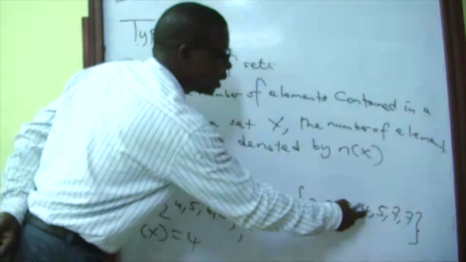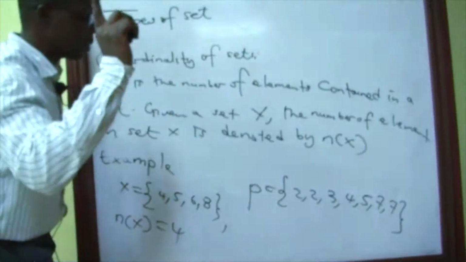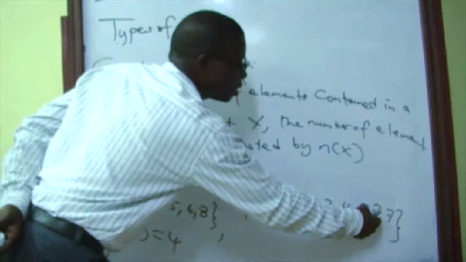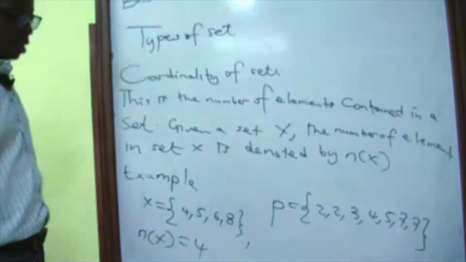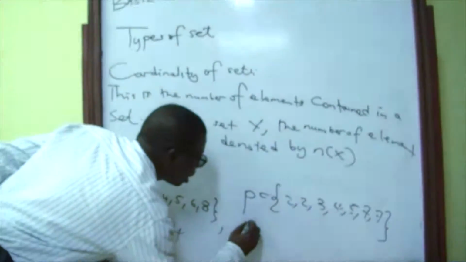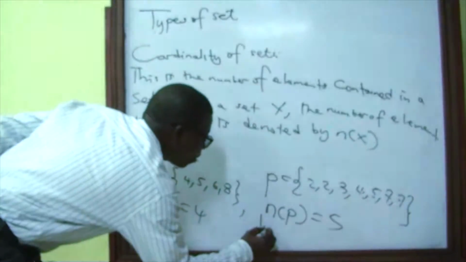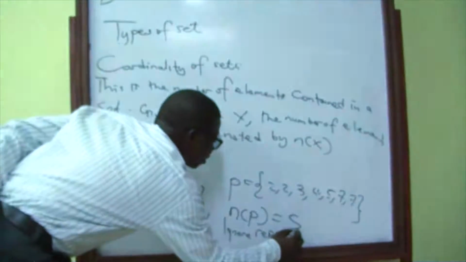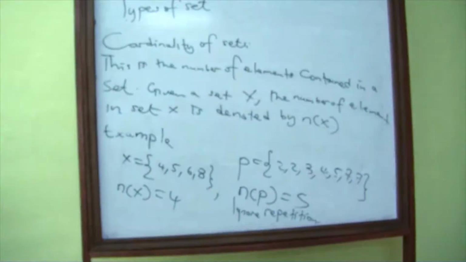These 7 and 7, you take them as one element. 1, 2, 3, 4, 5. So the number of elements in P is equal to 5. Ignore repetition.